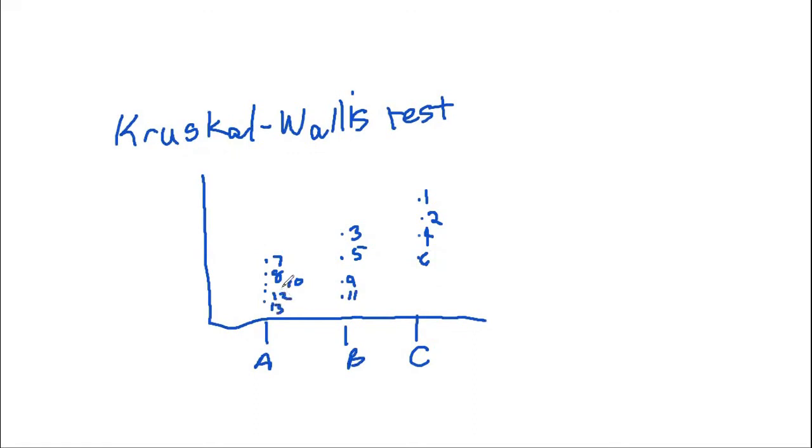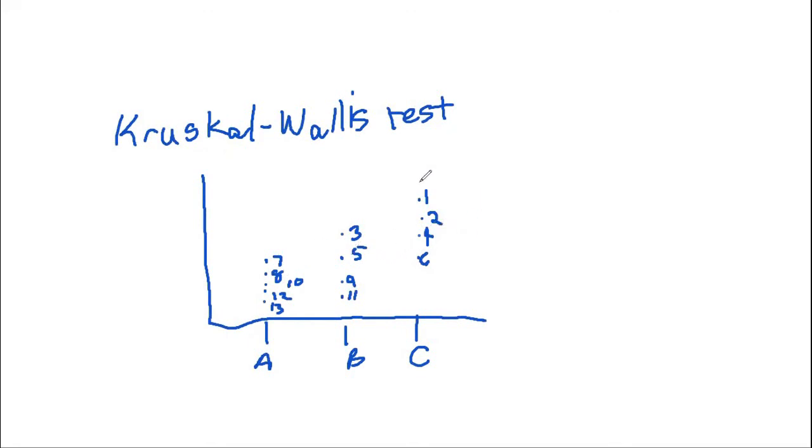Okay, so here are the ranks. It's not perfect, but it doesn't need to be. And what it does is it compares the ranks, the distribution of ranks according to groups.